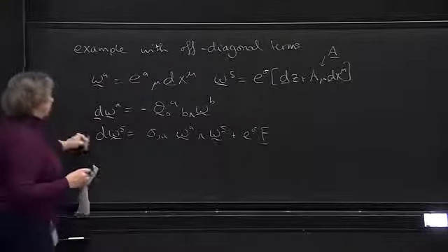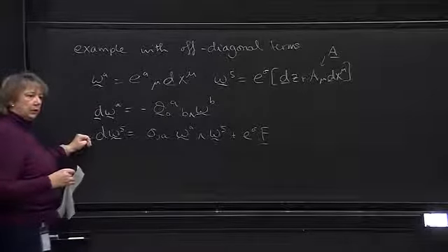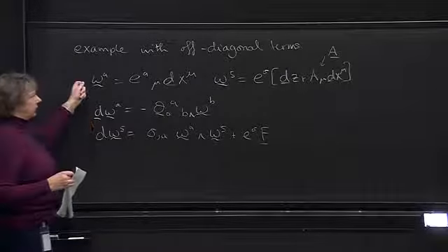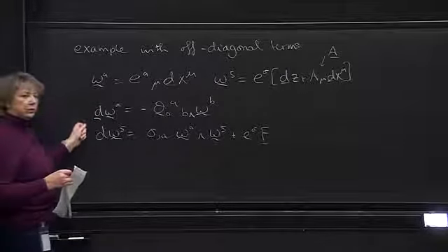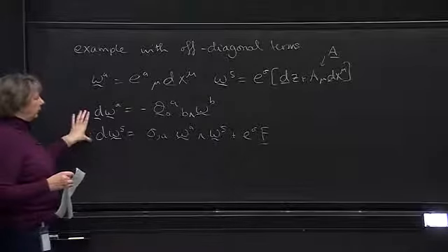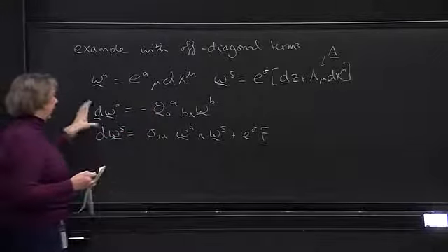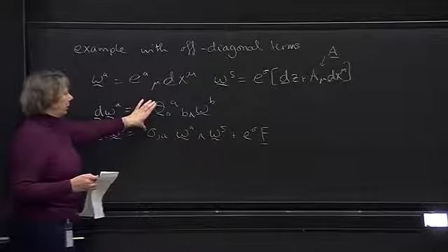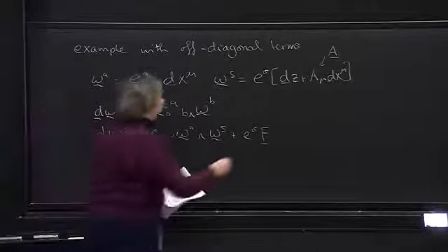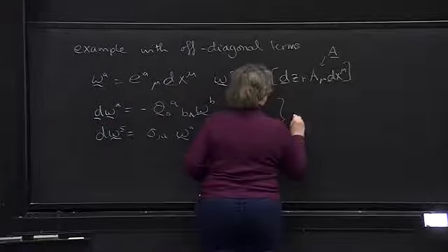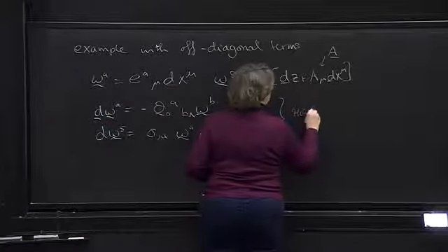When we do our differentiation, the differentiation of these basis one-forms is usually very straightforward. What we're left with here is actually a set of simultaneous equations. We found d omega, we want this theta. So these are just algebraic relations.